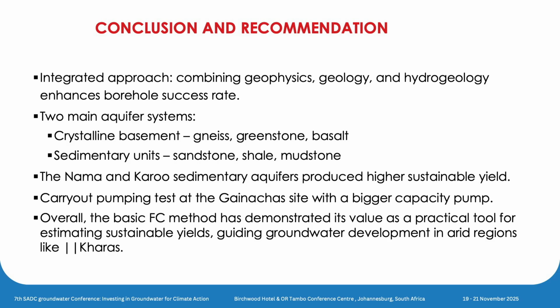Two main aquifers, crystalline and sedimentary, were identified, with rock types such as gneiss and basalt in crystalline and sandstone and shales in sedimentary. The Nama and Kalu sedimentary rocks had a relatively higher sustainable yield compared to the crystalline basement.